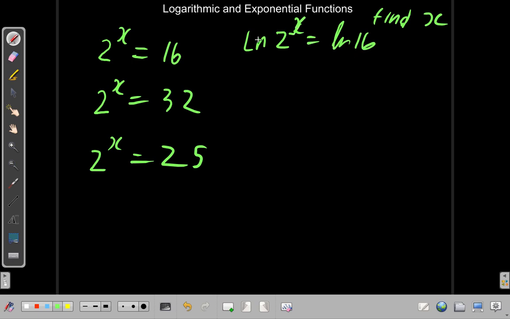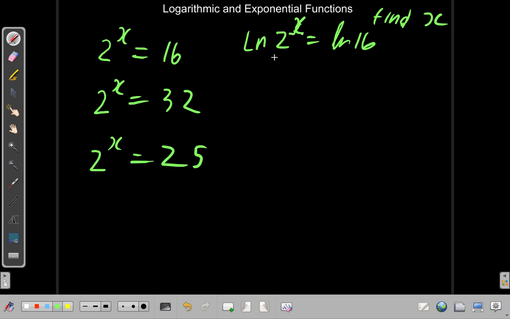Now, you remember that ln of 2 to the x would be x ln 2. The ln of a number raised to a power is equal to the power times the ln of the number. And we discussed how you form the 3 rules of logarithms in a previous video.